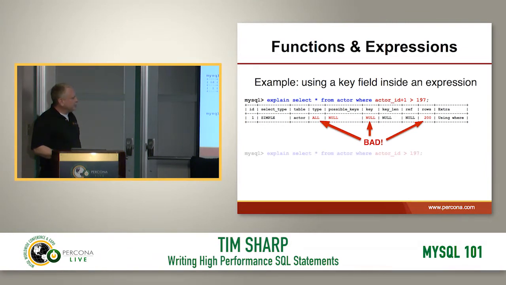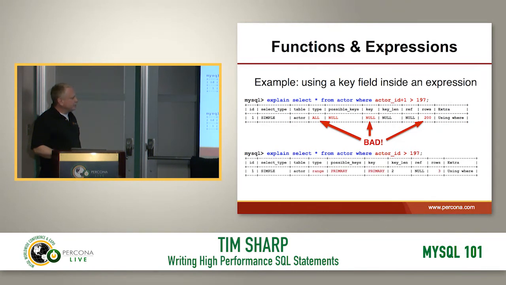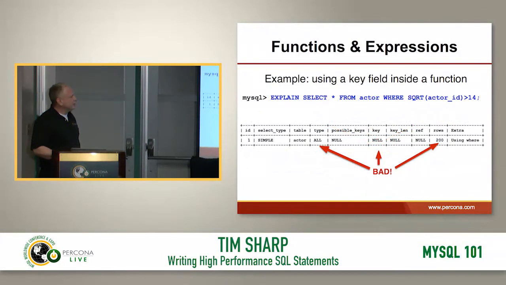A better idea would be to isolate the actor ID, and therefore you can see that the possible keys and keys are actually used, and only 3 rows are examined. This is good. Using the index column inside of a function will also disable the use of the indices.